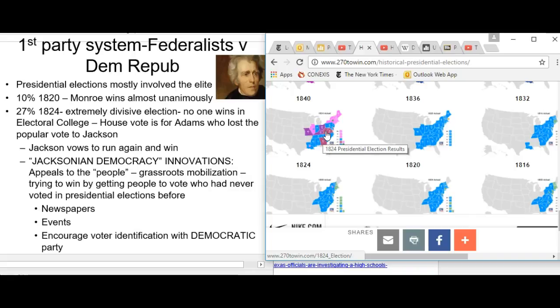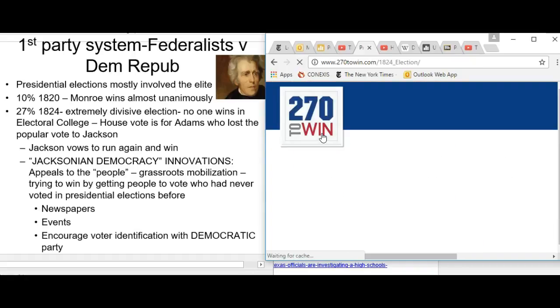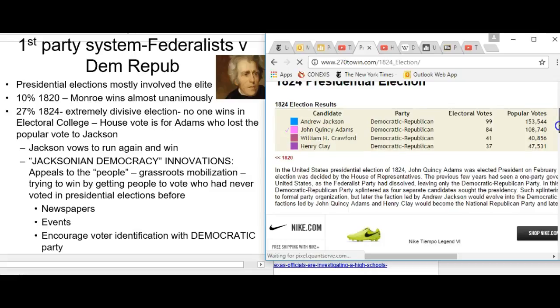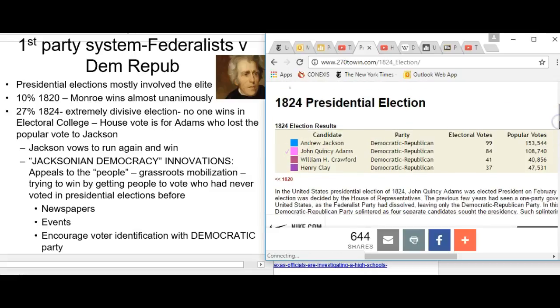No one wins outright in the Electoral College, and the vote is then thrown into the House. One vote per delegate is per state delegation. And you can see here that the four people that are running, they felt like they had to put something here under party, the person writing this chart.